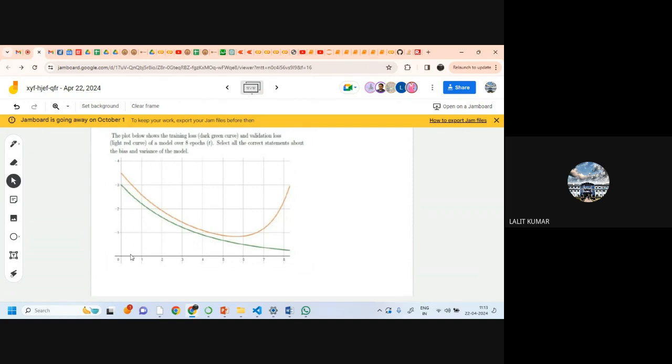So can we say that initially our bias is low? Yes, because the difference is less. Bias is low or bias is high? No, error is low, this is loss.